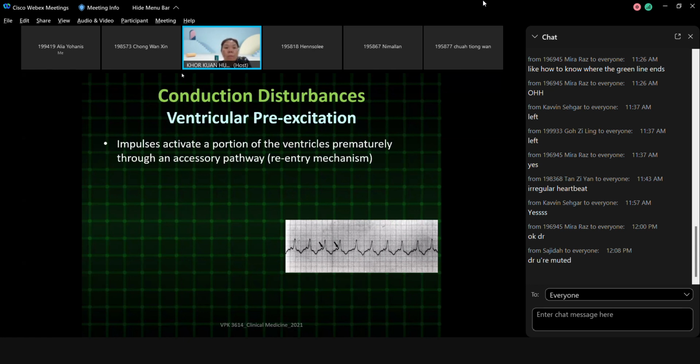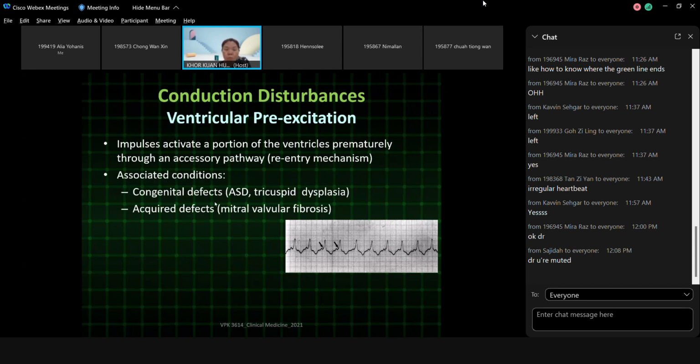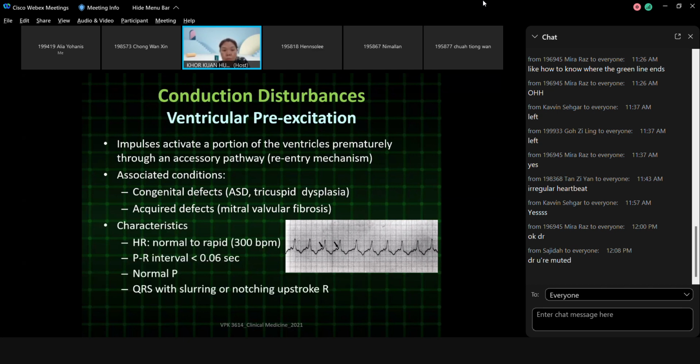So the impulse activates a portion of the ventricle prematurely through an accessory pathway. Differential diagnosis would be congenital defect, which can be atrial septal defect, tricuspid dysplasia, or an acquired defect as well, your valve issue, valve getting fibrosis.